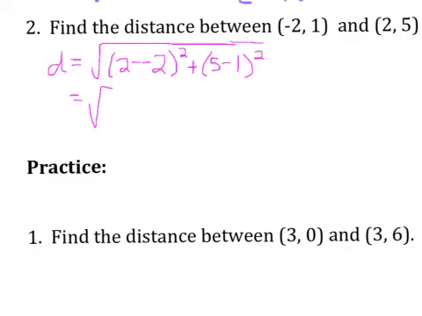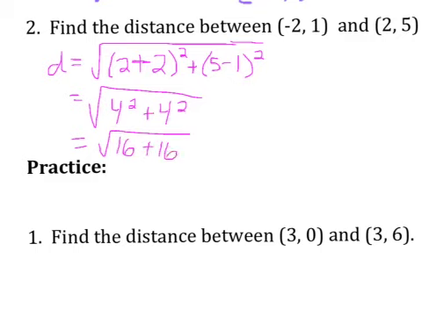So that's the square root of 4 squared plus 4 squared, which is the square root of 16 plus 16. So we need to find the square root of 32. And again, we need to use our calculators to figure out what the square root of 32 is. I got 5.656, so we'll round that up to 5.7.